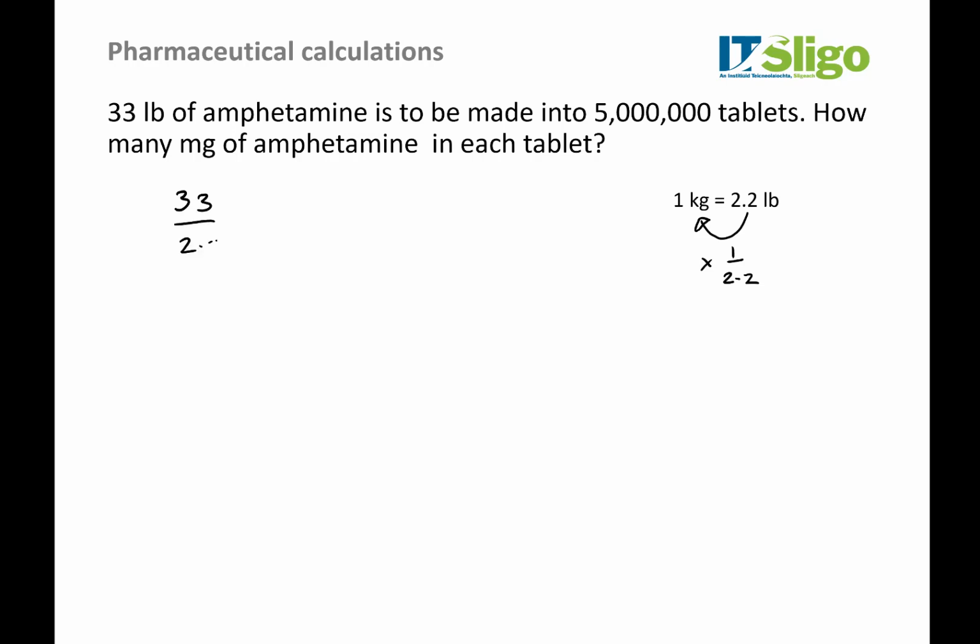33 divided by 2. Sorry, I better just write this out properly. 33, 1 pound, sorry, I'll be more formal. 1 pound is 1 over 2.2 kilos from our conversion on the left. So now we multiply both sides by 33.